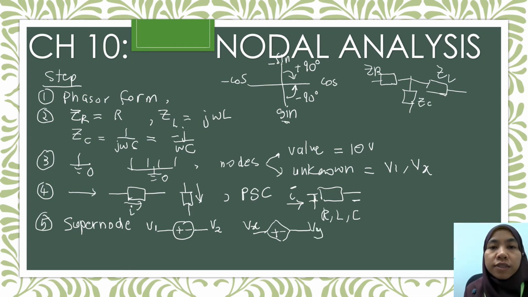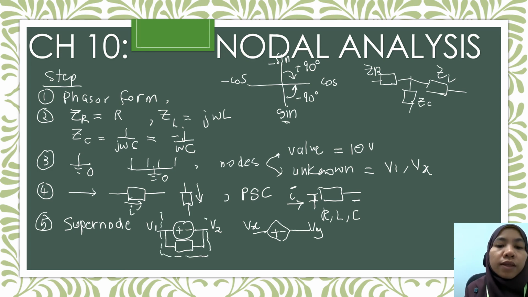As long as these are unknown nodes, then you can take this as a supernode. And if you have something in parallel with this voltage source, then you need to include it as one supernode.